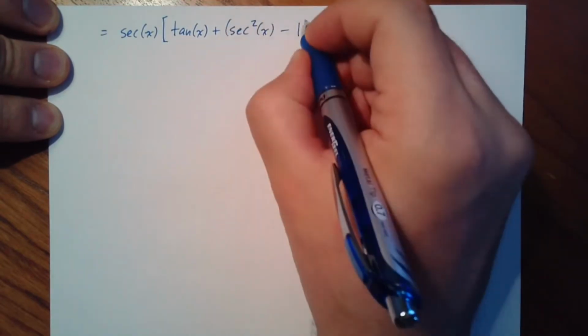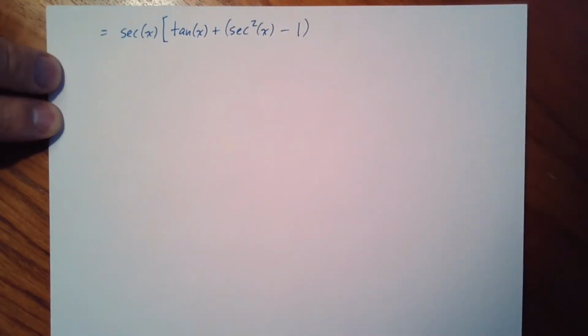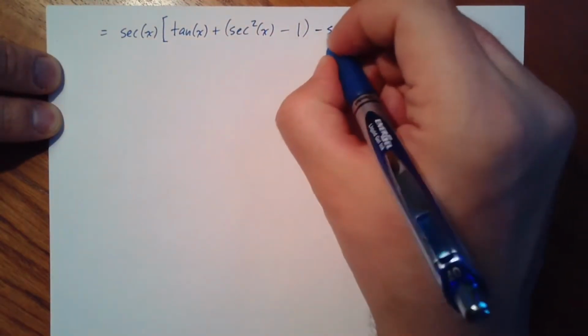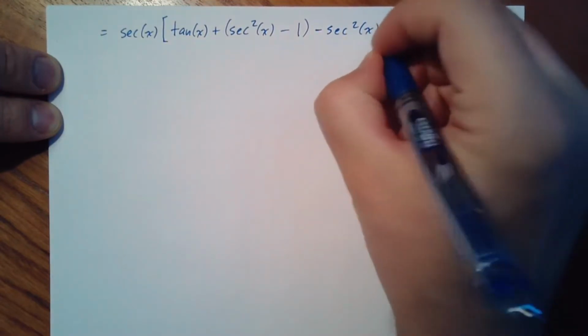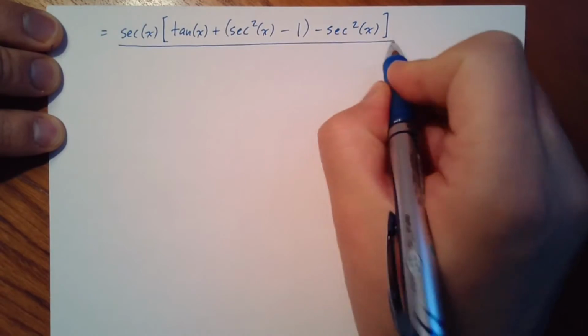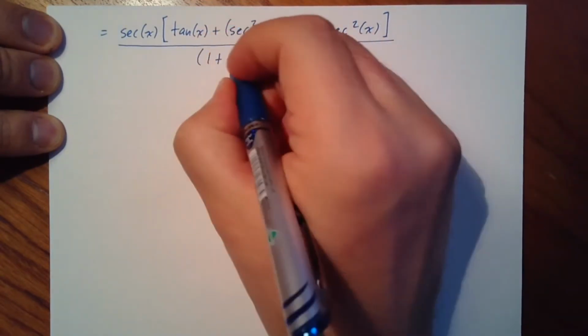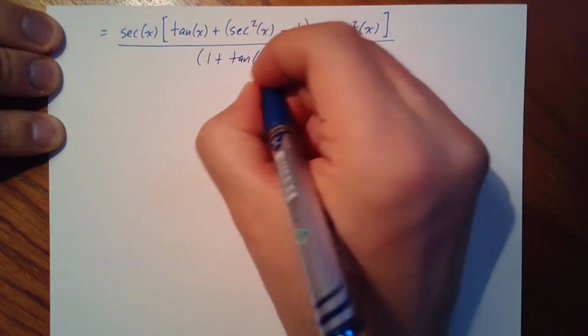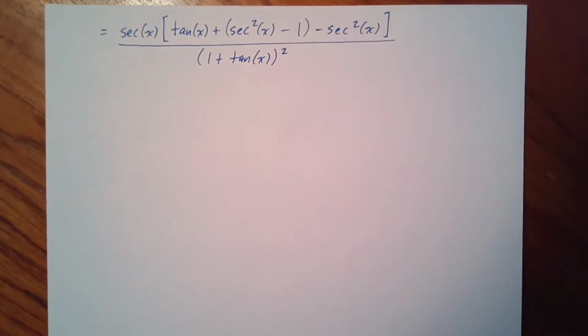That was what we plugged in for tan squared of x. And then we still have minus secant squared of x inside the brackets, and all of this, as before, is divided by 1 plus tan of x all squared.